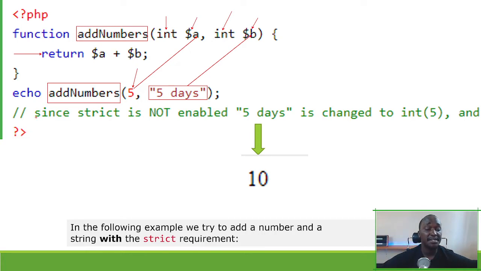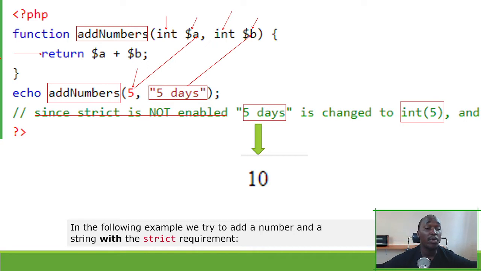But since strict is not enabled, whatever we're passing it, the string, is going to be converted into an integer by the concept of typecasting. So it's going to be converted into an integer automatically by PHP.